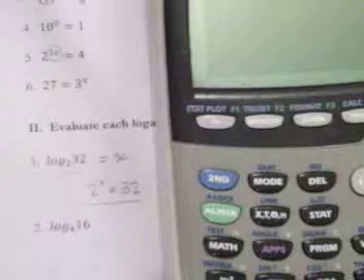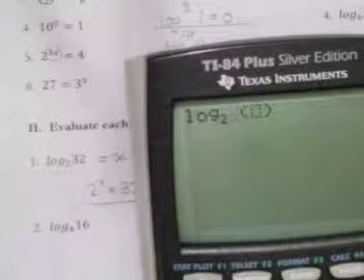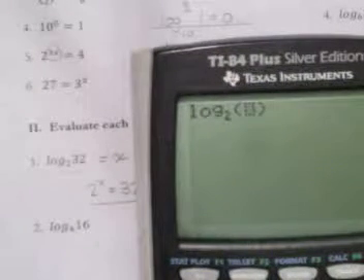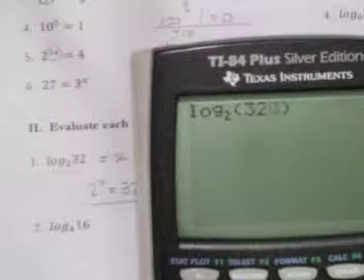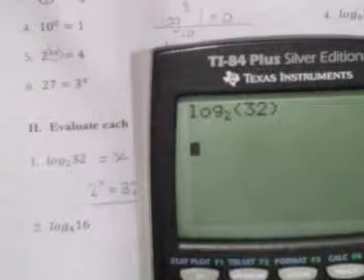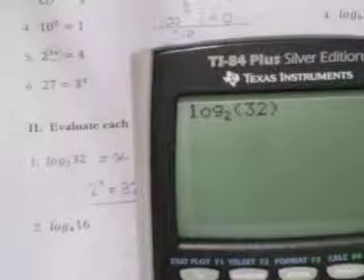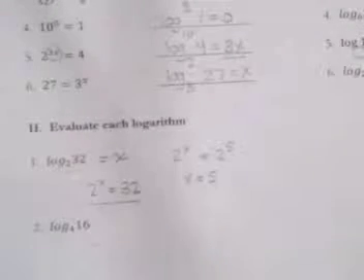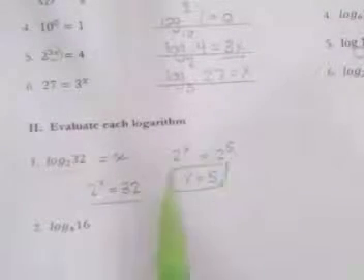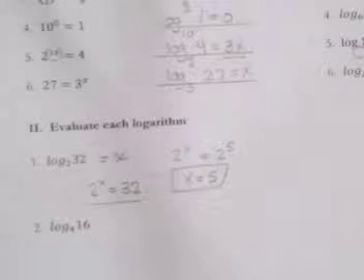So I need to have a 2 here. And I'm taking log base 2 of 32, and when I hit enter, I see that I get 5, which is what I got when I did it the old-fashioned way.